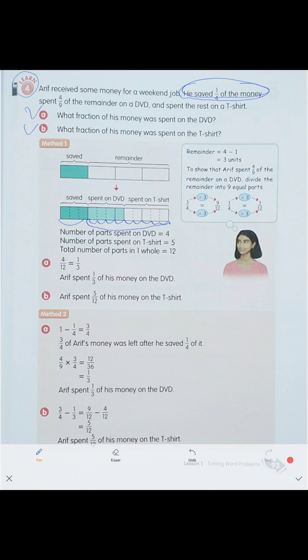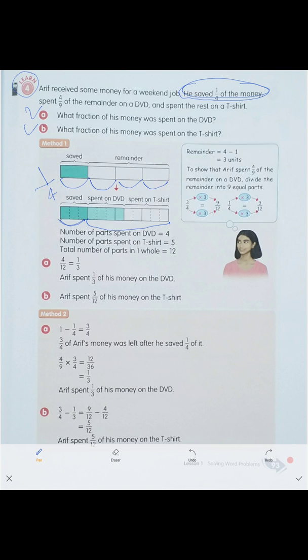9 units. They tell us he spent 4/9 on a DVD. When we split our units like this, we will see that this is a quarter, 1/4, and it actually consists now of these 3 smaller units.